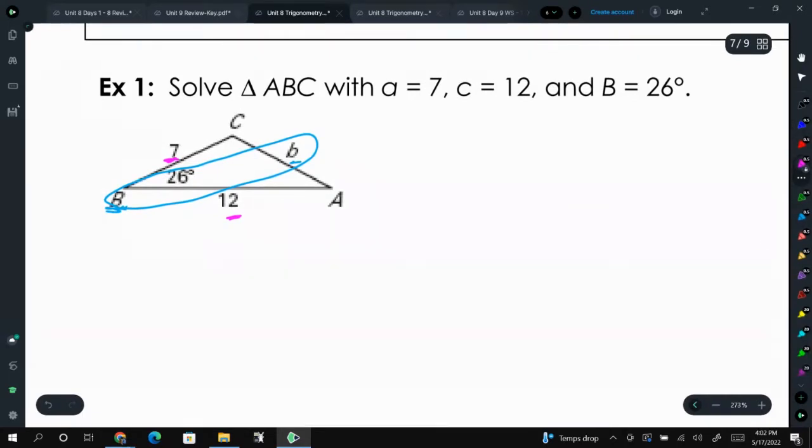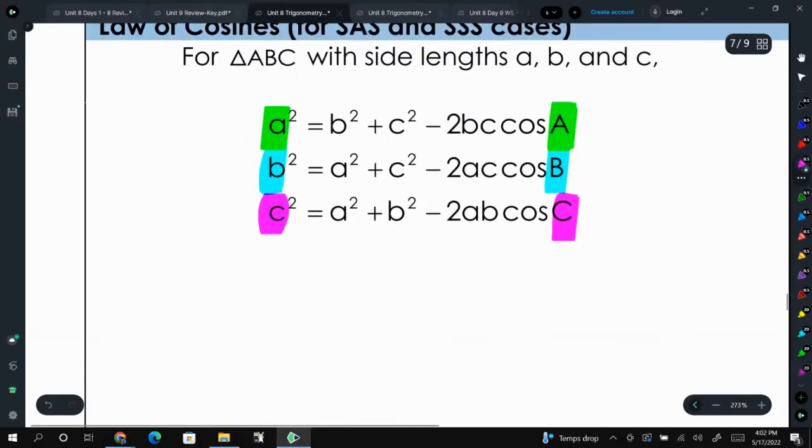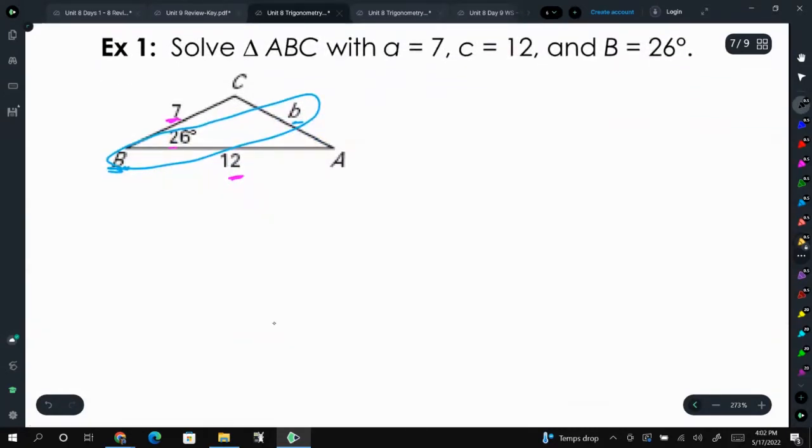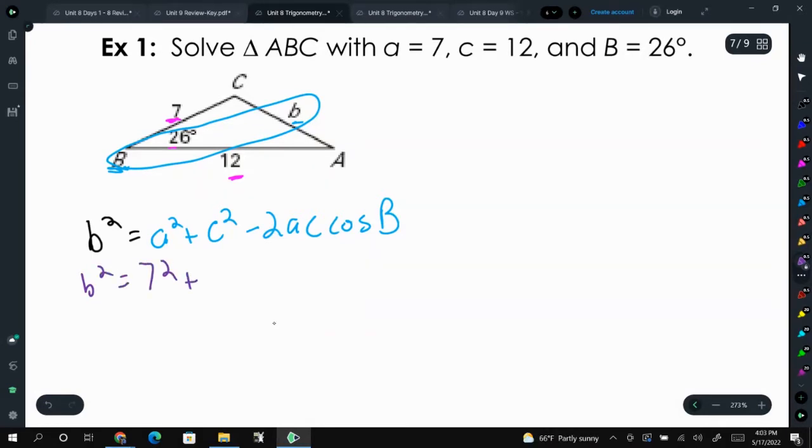So for the law of cosines, notice that I know angle B, so I'm going to use this one because I know what angle B is. This is going to be b squared equals a squared plus c squared minus 2ac times the cosine of B. Then we can substitute: b squared equals 7 squared plus 12 squared minus 2 times 7 times 12 times the cosine of 26.